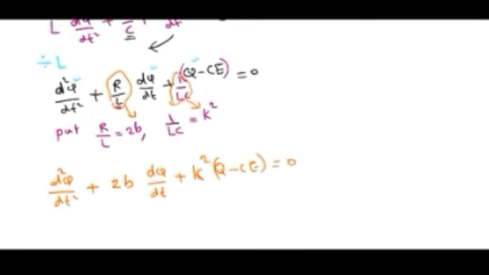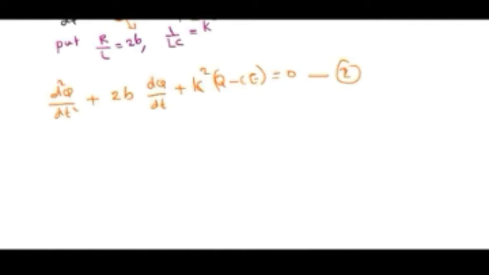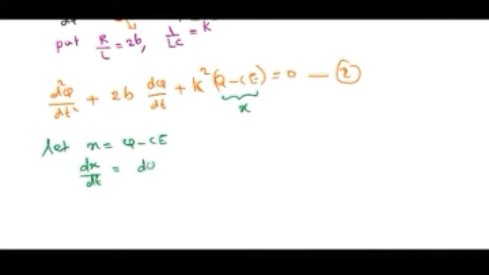To further simplify this equation and to find out the solutions, I put this q minus CE as x, that is let x is equal to q minus CE. Then if I take dx by dt, this will be dq by dt, because while differentiating the capacitance and the voltage with respect to t, they are constant and the differentiation gives the result 0.